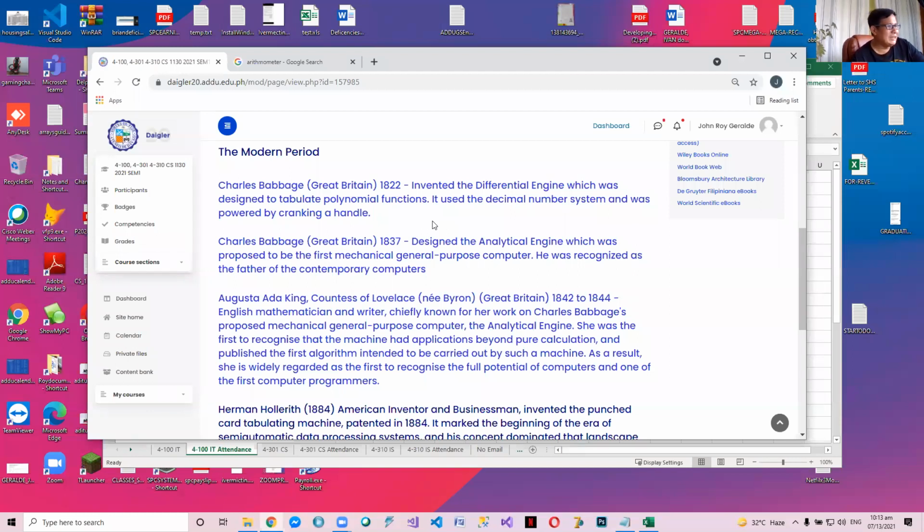During the 1990s, universities in the US were obsessed with Charles Babbage's design. So many of the universities in the US, like Penn State, Harvard, put the analytical engine into an actual machine. Okay, so meron silang versions, no?